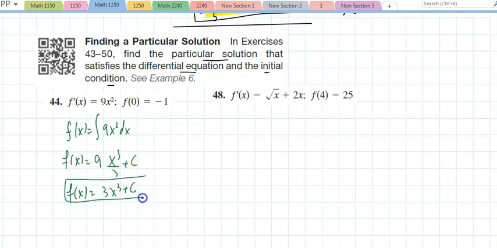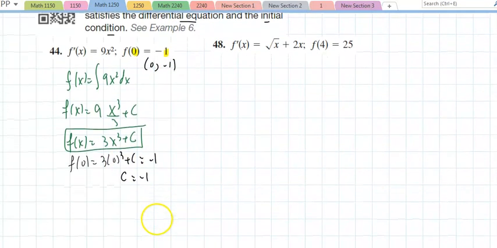I would have been done here if they would not have given me this case. This is saying if you throw a 0 in for x, then the y would be a negative 1. That would mean c equal negative 1.